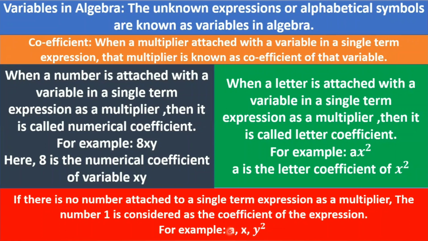Yes, as there is no multiplier, we consider there is a multiplier, that is 1. Because if you multiply a with 1, the result will be what? Yes, it will be a. So 1 is the invisible multiplier here. So in these cases, if we are asked what will be the coefficient of a, then we will say the coefficient of a will be what, students? Yes, it's 1. Similarly, it goes for x and y square also.